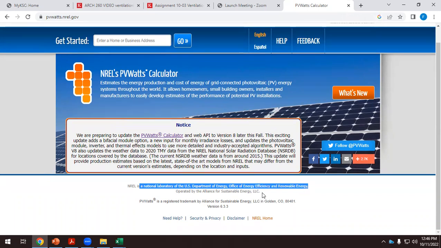So that is a reliable source because it comes from the Department of Energy of the United States. Can we rely on the United States government? Hopefully, yeah. Anyway, in terms of energy efficiency, I would rely on this. So that's what we're going to use.